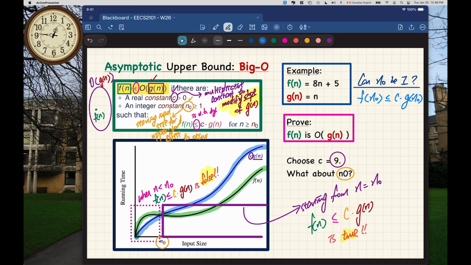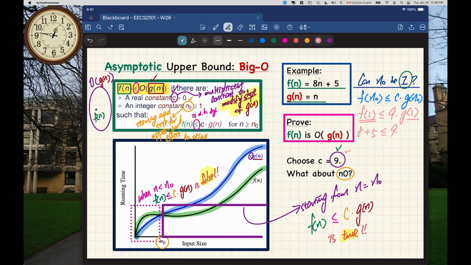Now we can plug in values. The n0 we are assuming is 1, and f of n, g of n, and c are right here. We have everything, so let's plug it in. We have f of 1 less than or equal to 9 times g of 1.